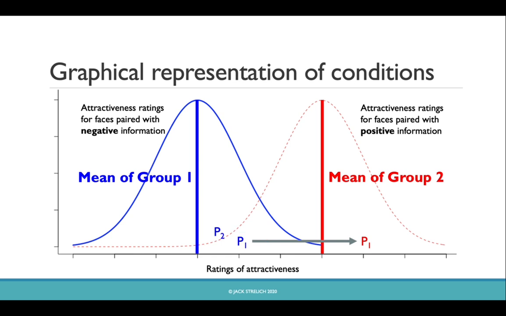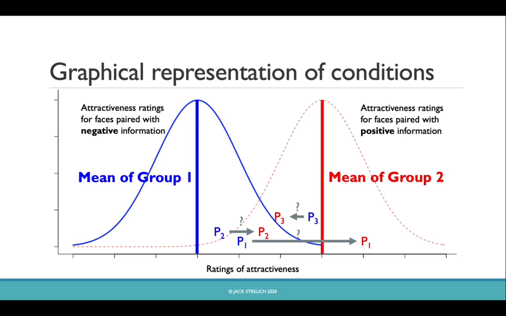We then look at participant 2, see what rating they give the face paired with negative information, and then see what rating they give the face paired with positive information. Finally, we do the same thing for participant 3, first for the face paired with negative information, and then for the face paired with positive information. So again, here we have 3 participants, each one measured twice, represented by the blue and the red, respectively. And what we need to find out are their individual difference scores.